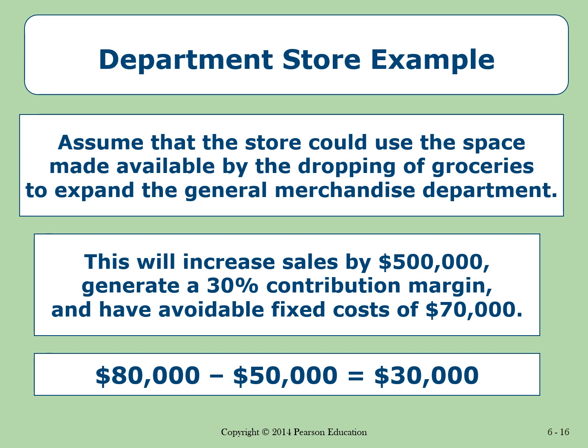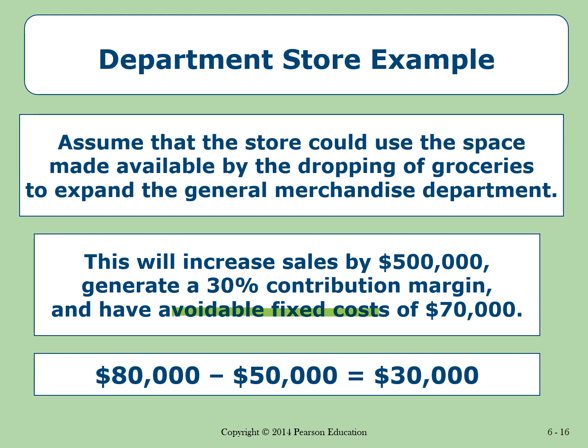When we speak about a 30% contribution margin, this means 70% will be variable cost out of the $500,000 generated as sales. And we have to see the next item, which is the avoidable fixed cost, which is going to be $70,000.